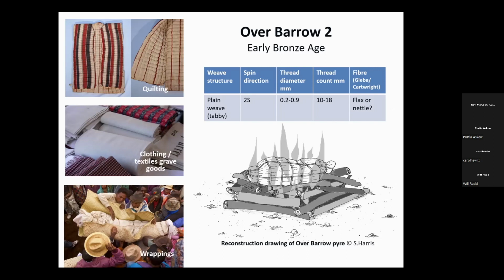Or it could be that the whole body was wrapped in multiple layers of textile before it was put on the pyre. I think it's quite likely that the body was being wrapped, or some kind of textiles were being put in the fire, especially as the plant fibre textiles are particularly flammable. And so this is interesting for adding to the richness of what we understand about the ceremonies and practices in that period.